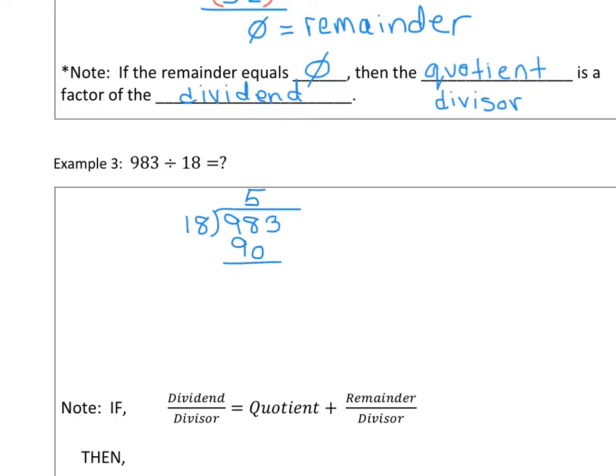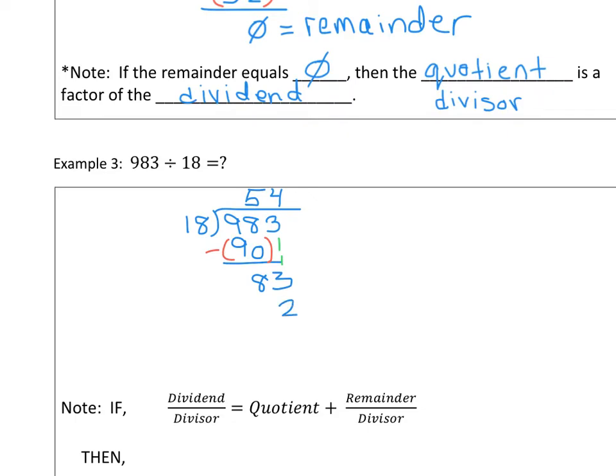And I'm going to subtract 90 from 98, and I get 8 left. And now I'm going to bring down that 3 and divide 83 by 18. I think of 83 as 80 and 18 as 20. 80 divided by 20 is 4. 4 times 8 is 32. 4 times 1 is 4.